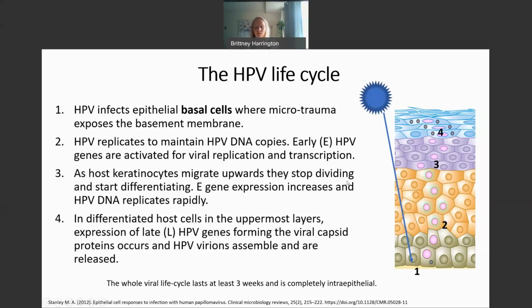And then finally, right at the uppermost layers, this is when the final gene set are expressed. So the late genes are expressing proteins that form the viral capsid proteins. Those are the proteins that envelope the virus and allow these virion particles to be assembled and complete and ready to be released. And they're released as these cells are replaced.